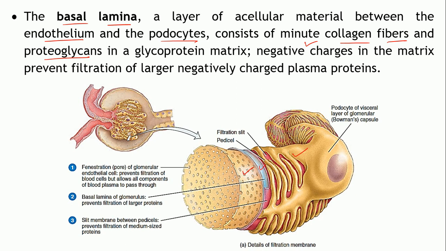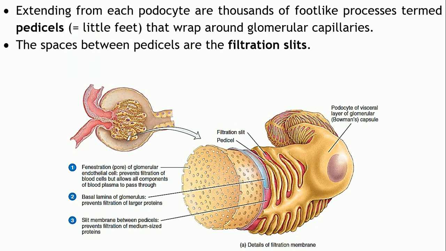So due to this negative charge at this particular layer, it prevents the filtration of the plasma proteins because these are negatively charged, right? So what will happen? Both the negative charge will repel, right? So any plasma protein which try to leave out, it will get repelled over here and it will enter back into your bloodstream. So this helps in preventing the plasma proteins from leaving the blood capillaries. So that's your second barrier.